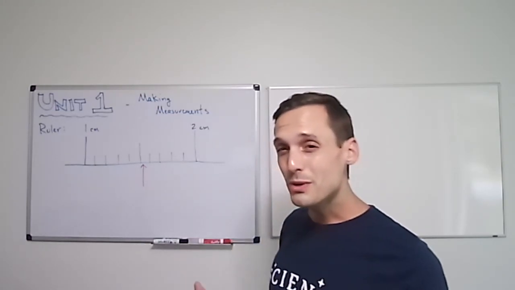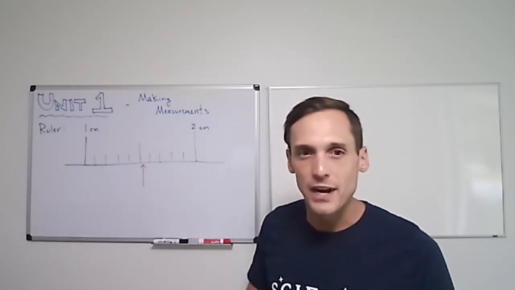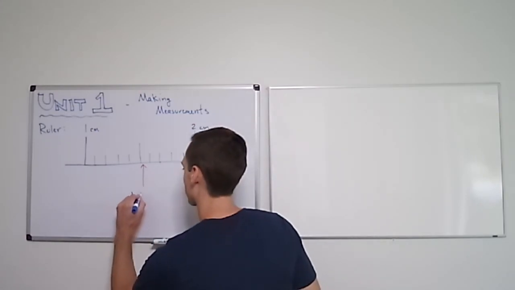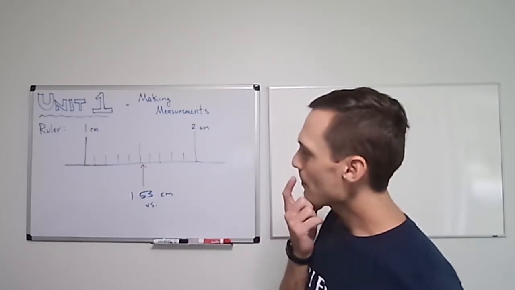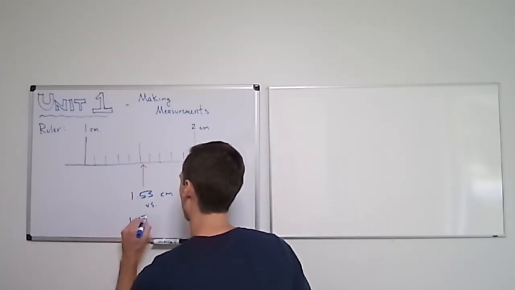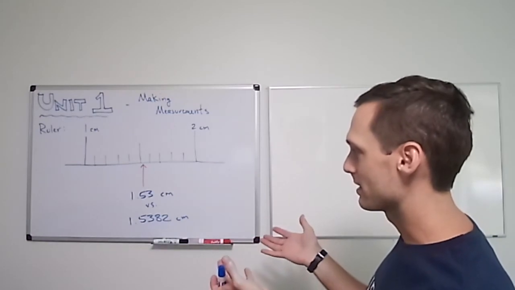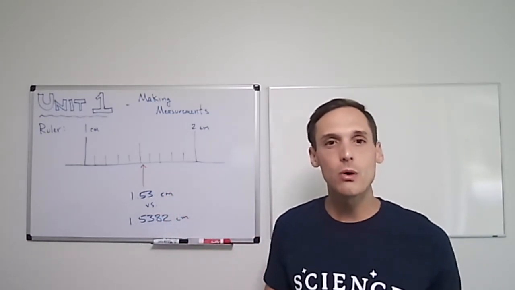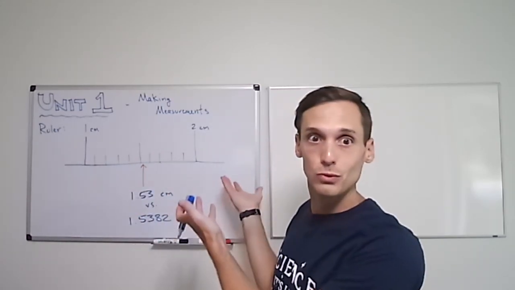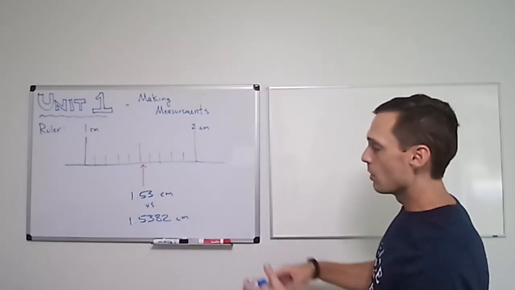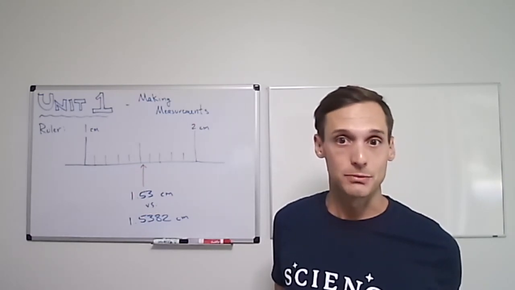But what we do need a standard method for is, what if one person measured that as 1.53 centimeters versus someone else that might look at this and say, I think that's 1.5382 centimeters. You can't have that discrepancy, right? We have to have a way to know how to take measurements correctly based on your measuring device, your ruler in this case. One of those can be right, the other cannot be, and it will be based on how we take measurements.